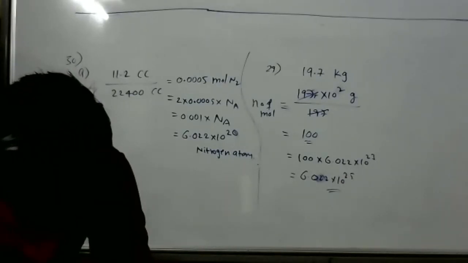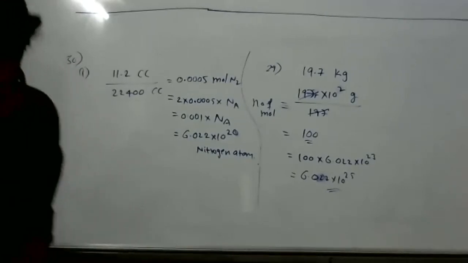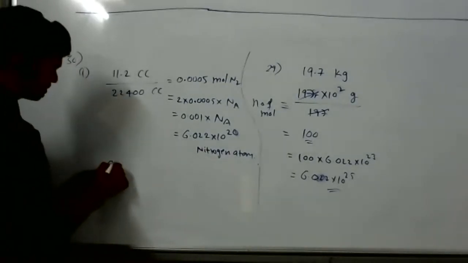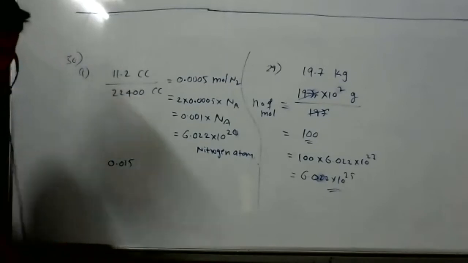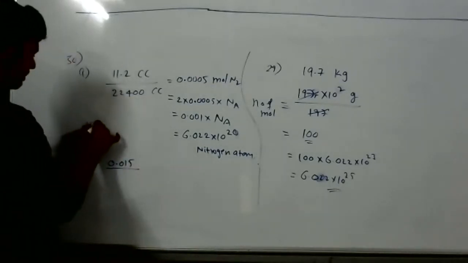Then nitrogen and 0.015 gram of nitric oxide. So here, calculate the number of moles. 0.015 divided by the mass of nitric oxide.